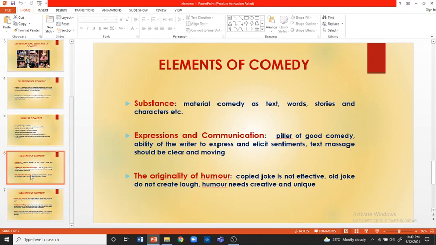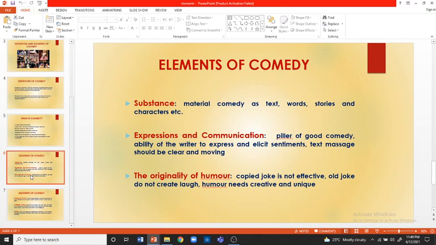Means here text and message of comedy we need clear and moving. If the text or message of comedy is not clear and moving, then the audience will not be pushed into the state of delirious enjoyment. Whether audience or reader, they need the text and message to be clear and moving.